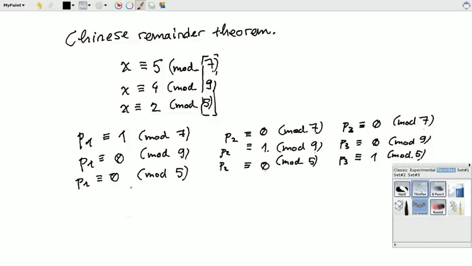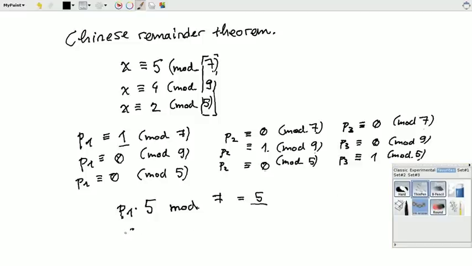Because there's a peculiar property of remainders that if you take P1 and multiply it by 5, then take the residue after whole division with 7, you get 5, which is 5 times 1.